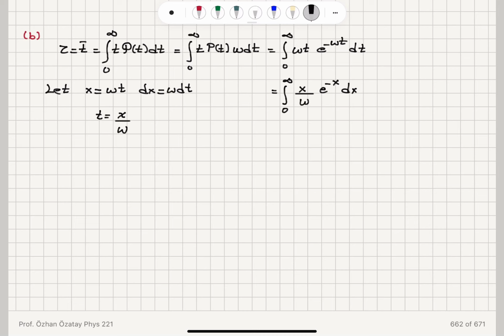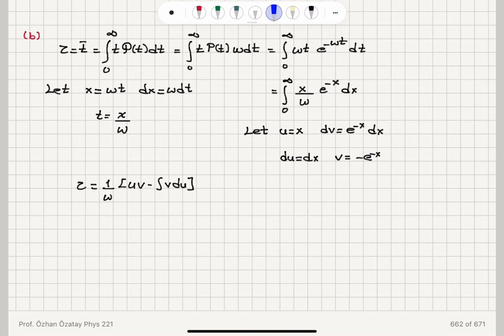So at this point, I will do integration by parts. So let's call u equals x, dv equals e to the minus x dx, so that du is dx and v is minus e to the minus x. And this tells us that tau, the mean value of the time t, is 1 over omega, uv minus integral v du. Integration by parts, that's what I'm doing here.